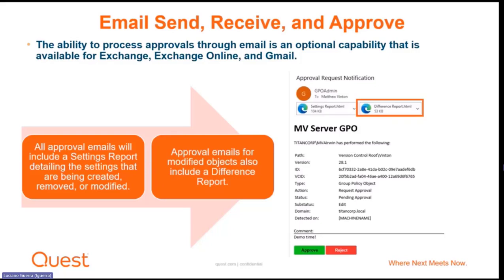Once approvers make certain those changes are correct and not going to cause issues in the environment, they can then click approve or reject right from the email, making the change process smoother and easier for deployment and help save approvers time.